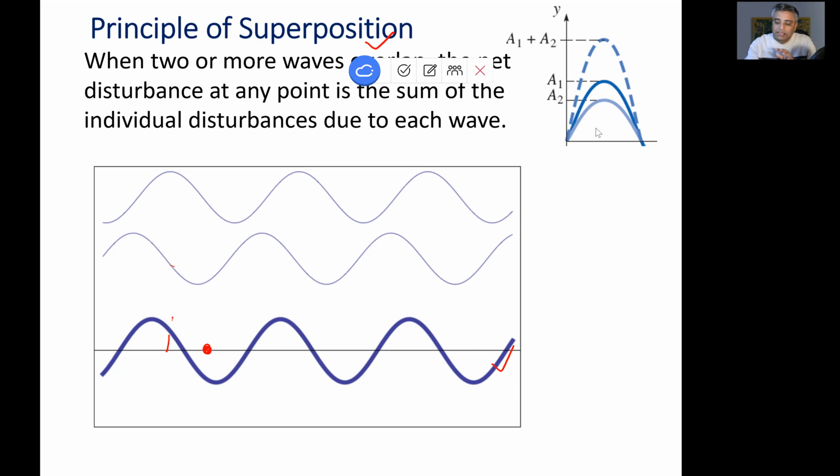So when peak and peak line up, then the result is the sum of the peaks, and those peaks are called the amplitude of the wave, right? So that's the amplitude, and this is also amplitude, but if this is positive A, then this is negative A. If it's down, it's negative.